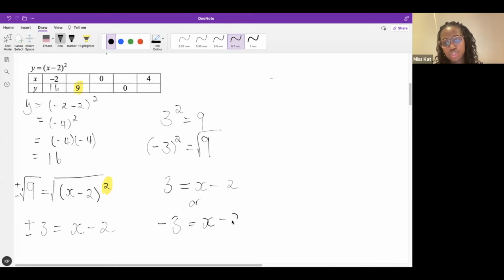There are 2 solutions. We carry the 2 over, and when it goes over, the 2 becomes positive. Therefore, x is equal to positive 5, or x is equal to negative 1.